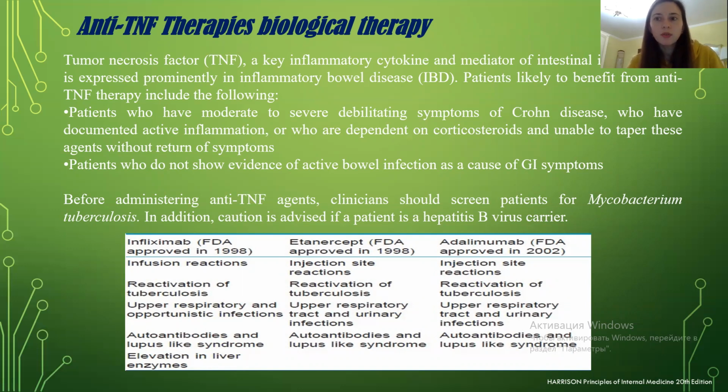Patients likely to benefit from anti-tumor necrosis factor therapy include the following: patients who have moderate to severe debilitating symptoms of Crohn disease, who have documented active inflammation, or who are dependent on corticosteroids and unable to taper this agent without return of symptoms, and patients who do not show evidence of active bowel infection as a cause of gastrointestinal symptoms.